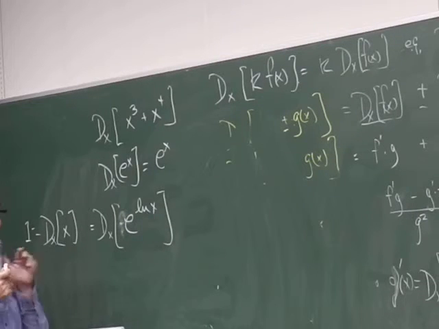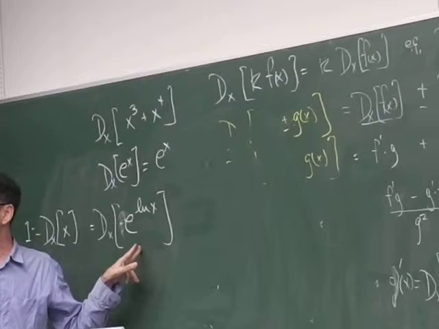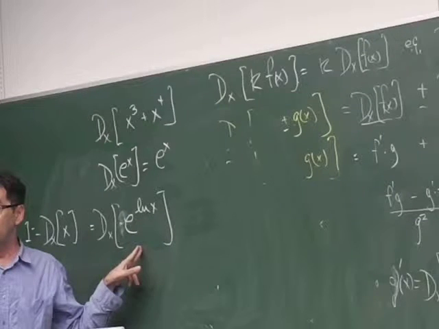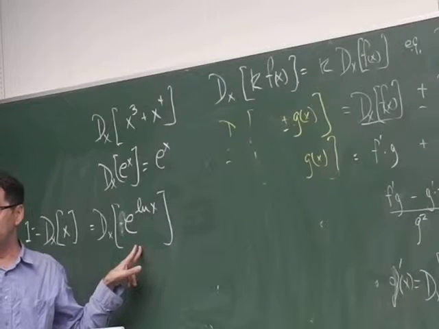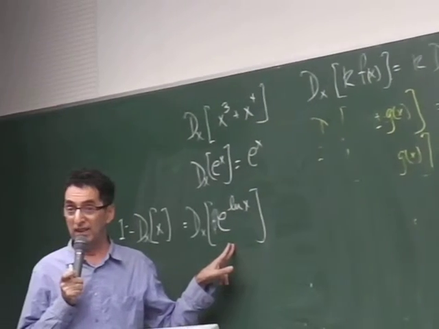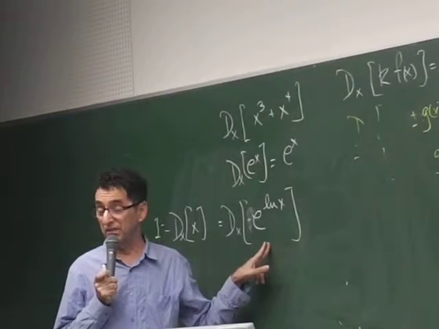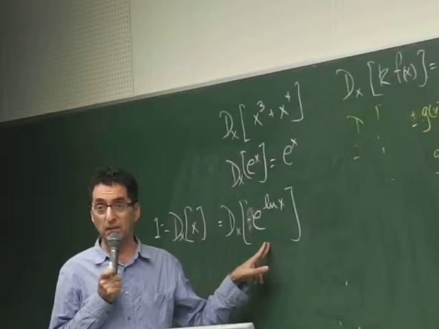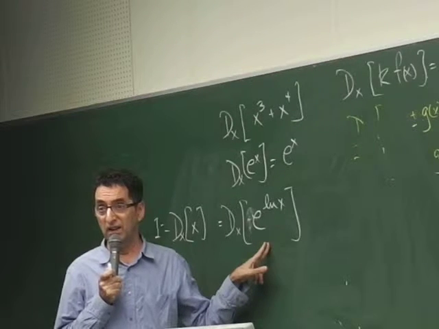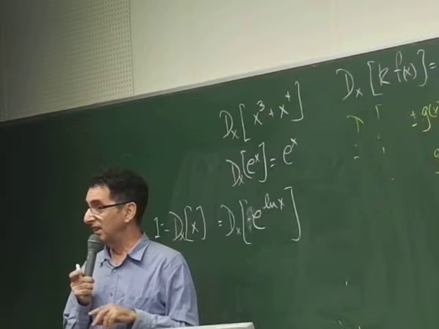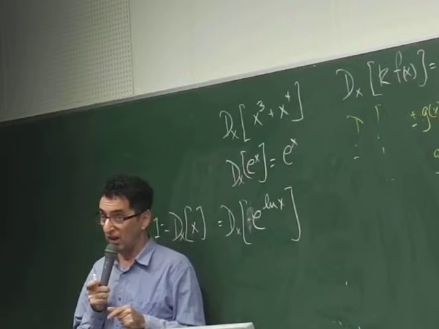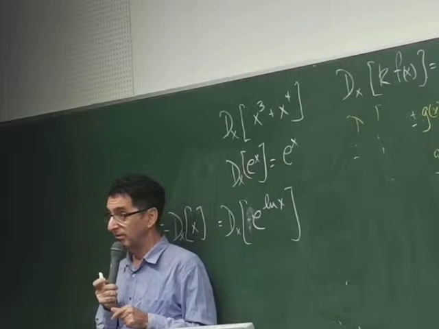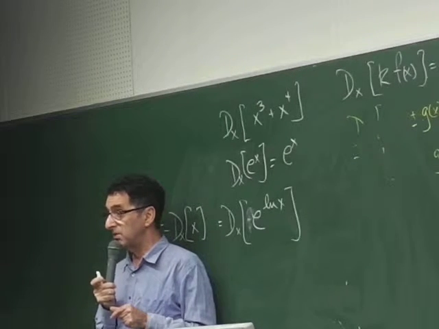Now, on the other hand, I can view this as the composition of an outside function and an inside function. What's the outside function? E to the something. And what's the inside function? ln of x. So the chain rule tells me how to do this.